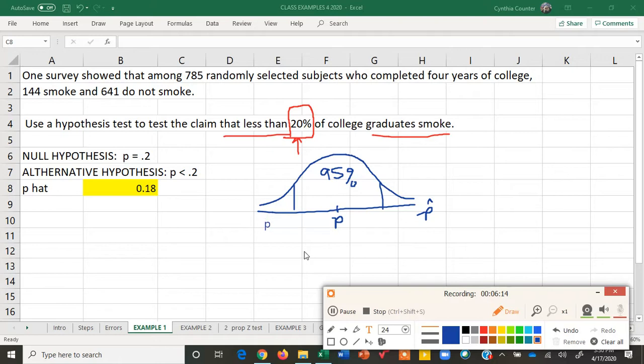So that would be P minus 2 standard errors. And over here, we would have 2 standard errors above the population proportion. And so that would be P plus 2 standard errors. So that's the middle 95% of the sampling distribution of the proportion theoretically.